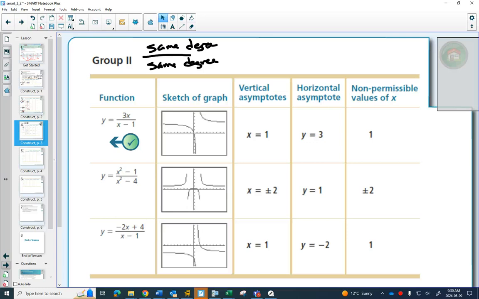And if you have a red pen, draw these graphs. And add the asymptotes.